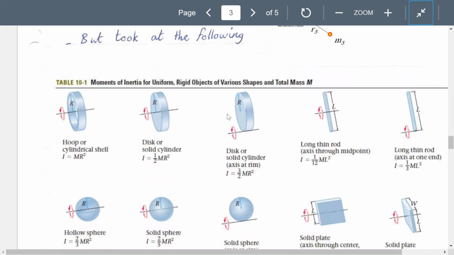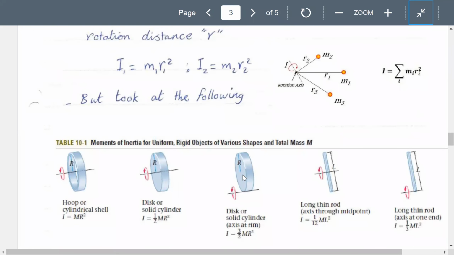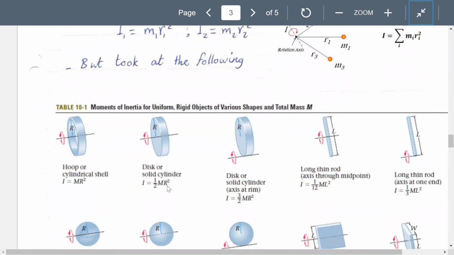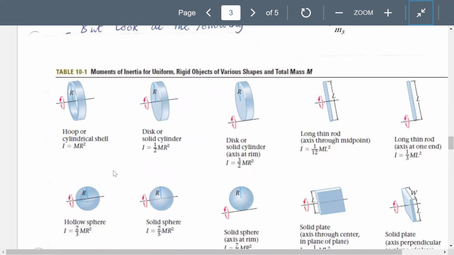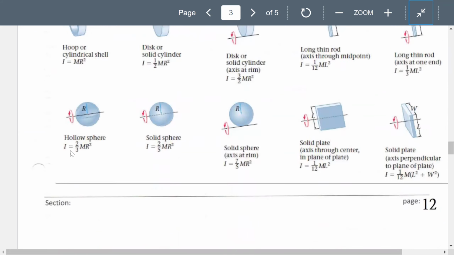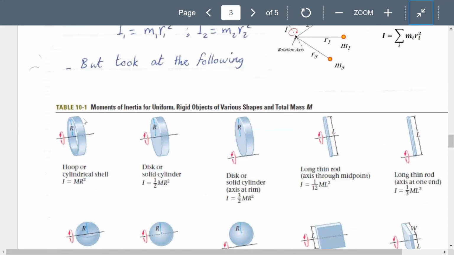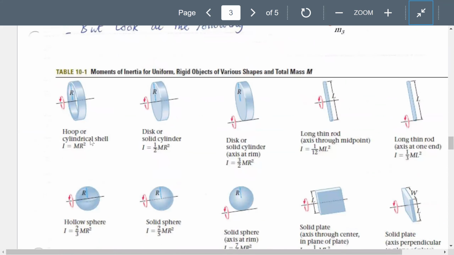There is a way to compute the moment of inertia for these objects, and we will not do this derivation, but it is given in the book. It is table 10.1. For example, for a hoop rotating around an axis passing through its center, the moment of inertia is mr squared.